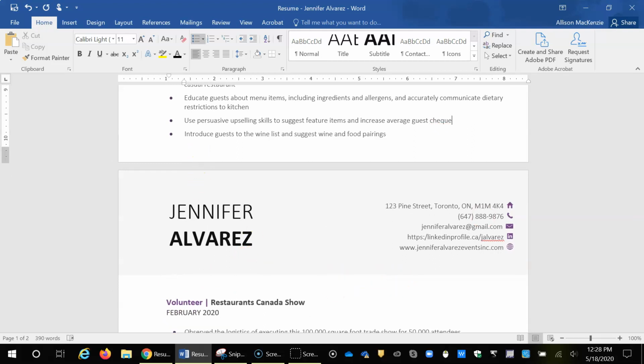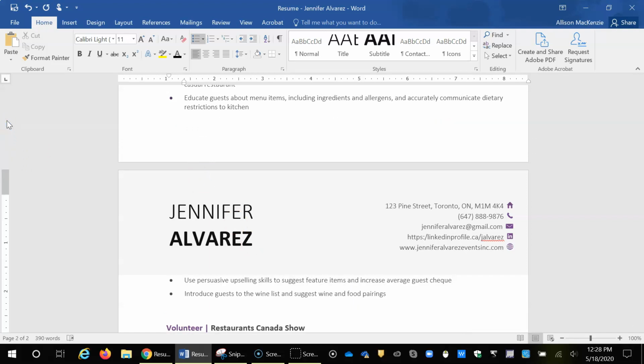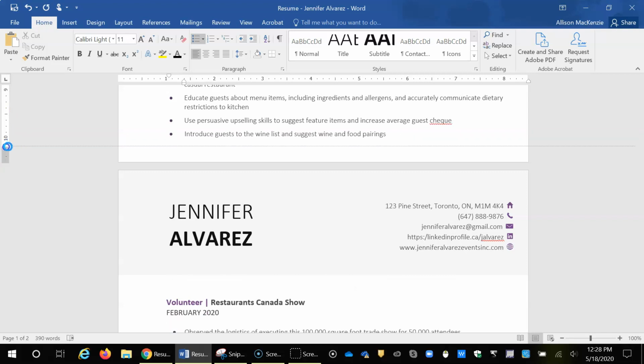Some ways that you can do that is by adjusting the height of your footer. If your footer is too wide or too high, you'll end up with bullet points on the next page. So by dragging that footer down, again, using that all-important ruler, you can create some extra space for yourself.